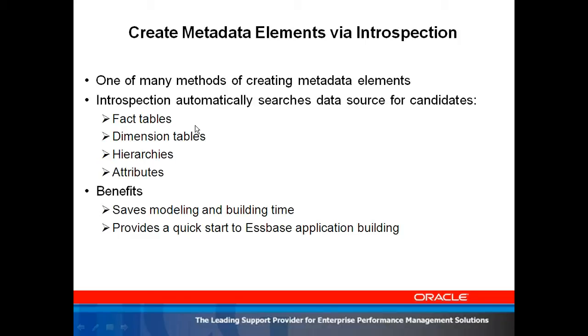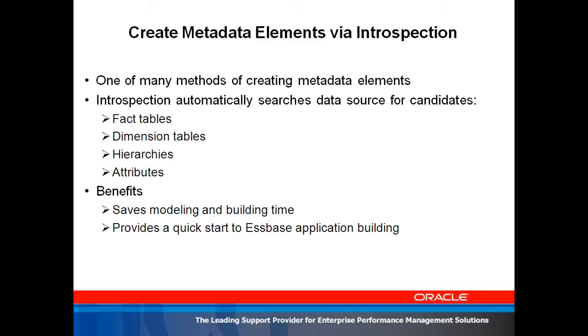Introspection is a quick and easy way of creating metadata elements and even hierarchies from a data source. However, the data source cannot be OBI or text data. What introspection does is it inspects the data source for existing metadata elements like fact tables, dimension tables, hierarchies, aliases, attributes.